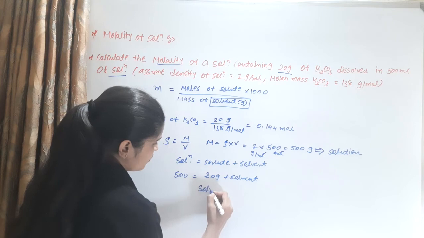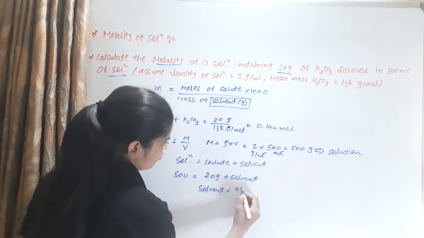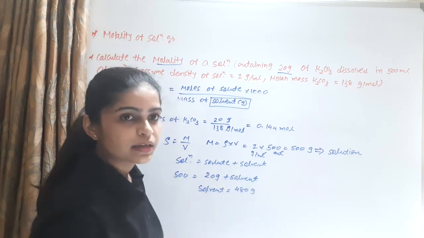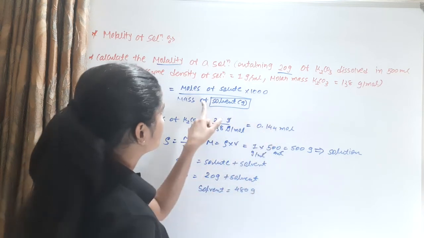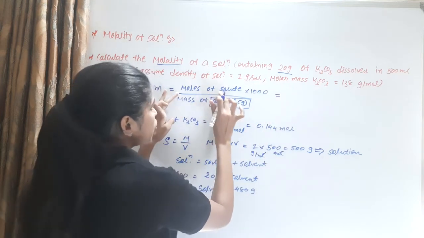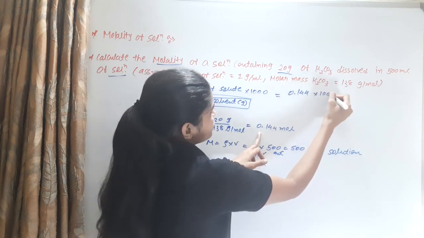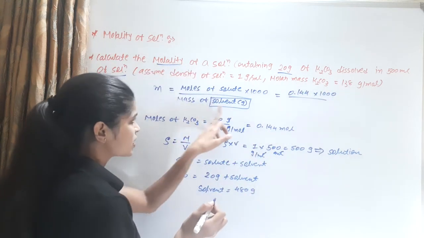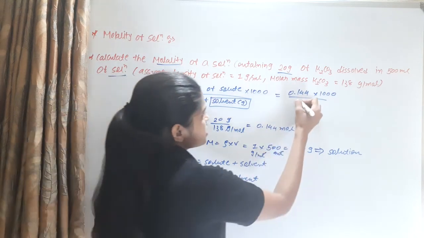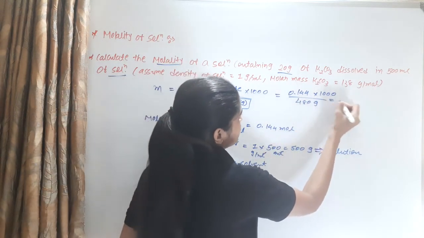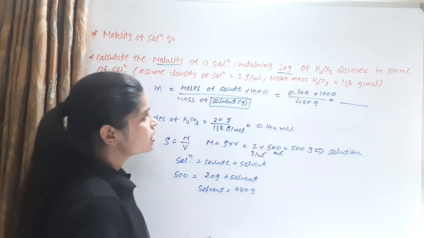So the solvent value is 480 gram. Putting these values in the equation, moles of solute is 0.144 multiplied with 1000 divided by the mass of solvent, which is 480 gram. This value is the molality.